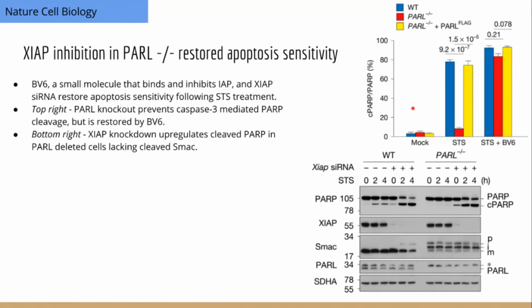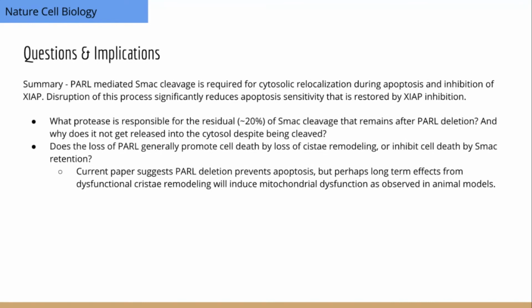So collectively, we can say that the loss of Smac processing by PARL prevents cytoplasmic localization and inhibition of XIAP, and restoring XIAP inhibition restores apoptotic sensitivity. Okay, so just a quick summary of what we learned.